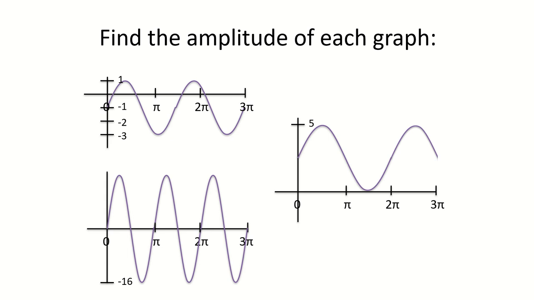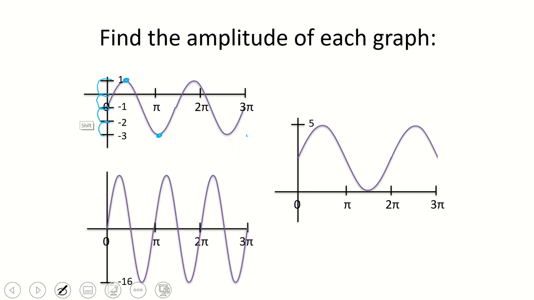So let's look at some examples. It's your job to find the amplitude of each graph. And in order to do that, you have to find where the midline is. If you have trouble finding the midline, a good thing to do is find the minimum, the maximum, and their distance. So the distance between the minimum and the maximum is 1, 2, 3, 4.